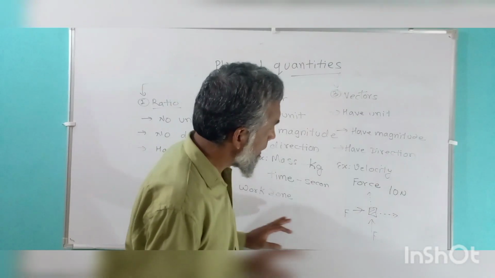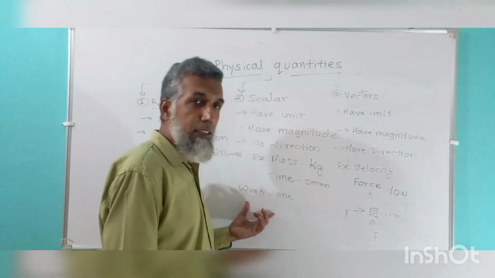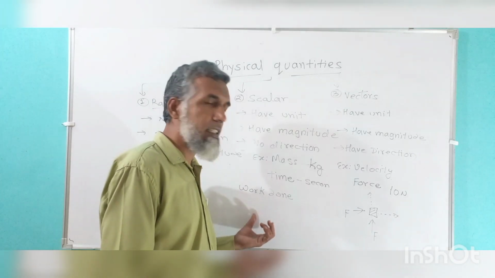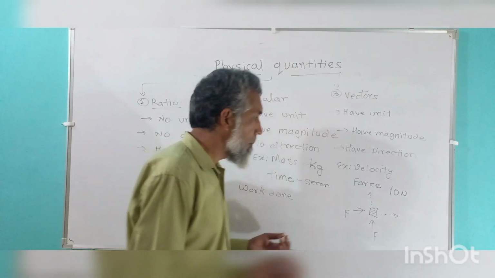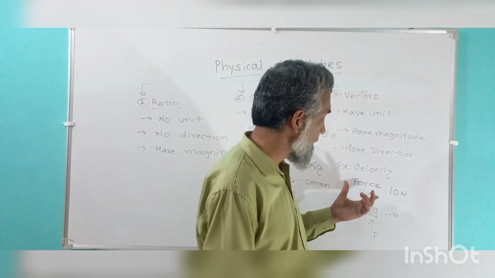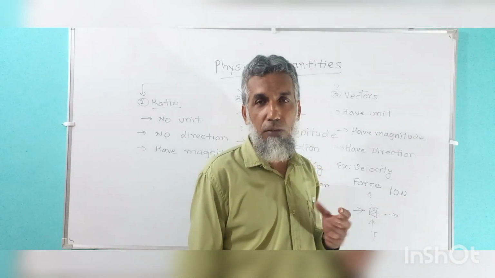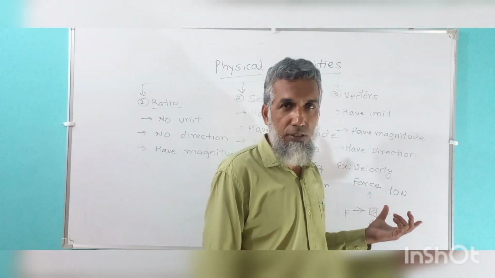Now, coming to the vectors. For scalars, addition and subtraction follow ordinary addition laws. But what is the condition for vectors? Their addition cannot be dealt with by ordinary addition, like 2 plus 2 is 4.